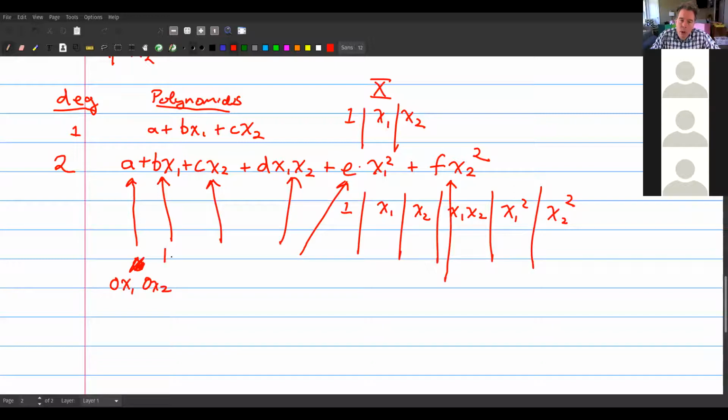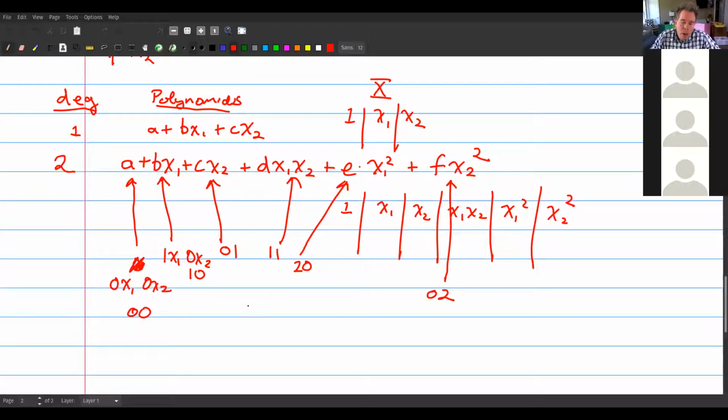This is 1 x1 and 0 x2s. And I'll just write the numbers instead. So this one is 0, 0. This one is 1, 0. This one is 0, 1. This one is 1, 1. This one is 2, 0. And this last one is 0, 2.